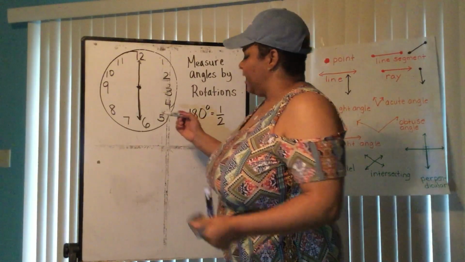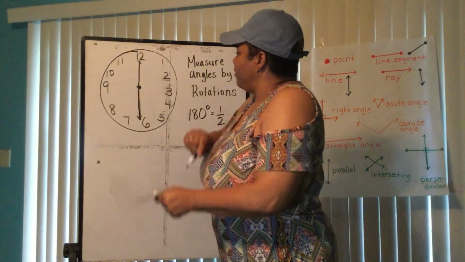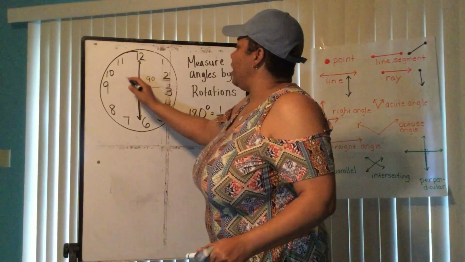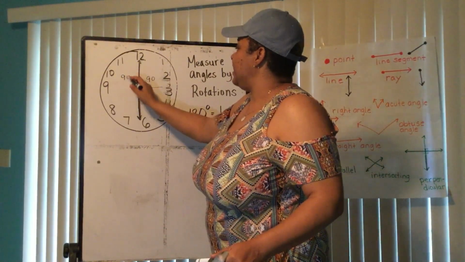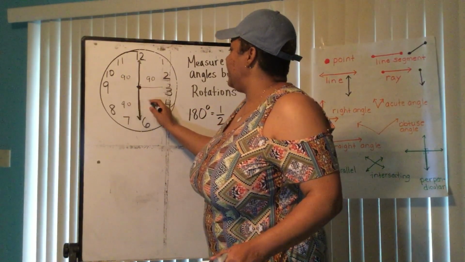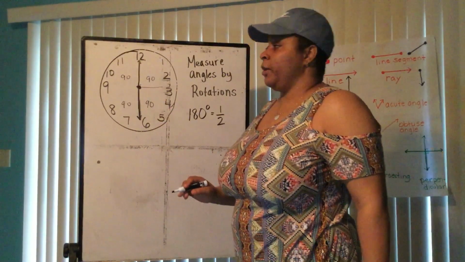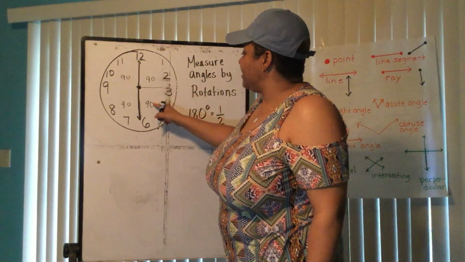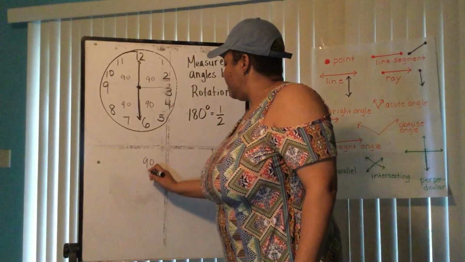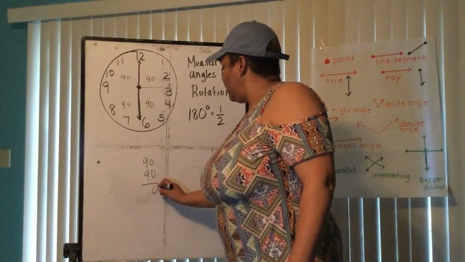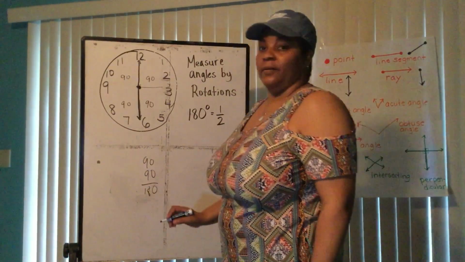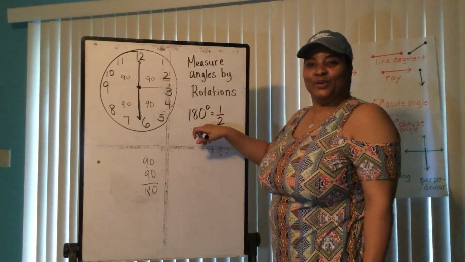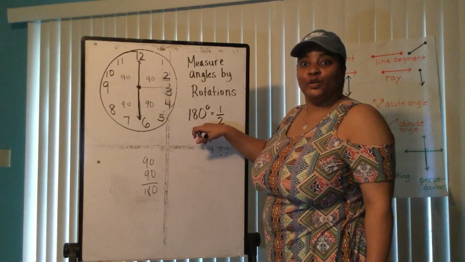If I said that the right angle here was 90, and another 90 here, and another 90 there when we broke it up into fourths, 90 plus 90. What is that? 180. So half of the clock is equal to 180 degrees.